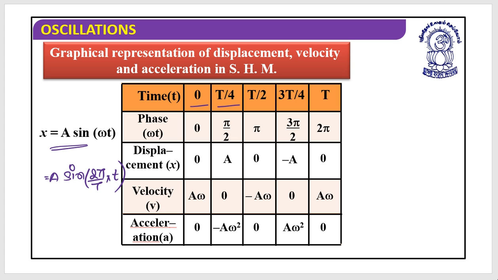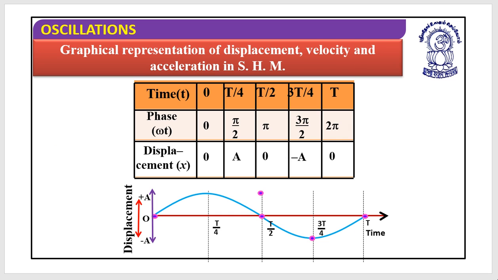We replaced this small t with the different times, and the data we achieved is written in this table. So now let's try to plot this function. Let's look at them one by one.